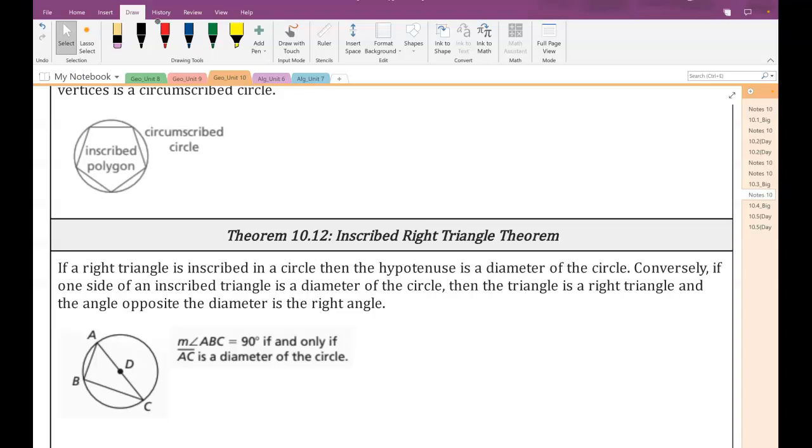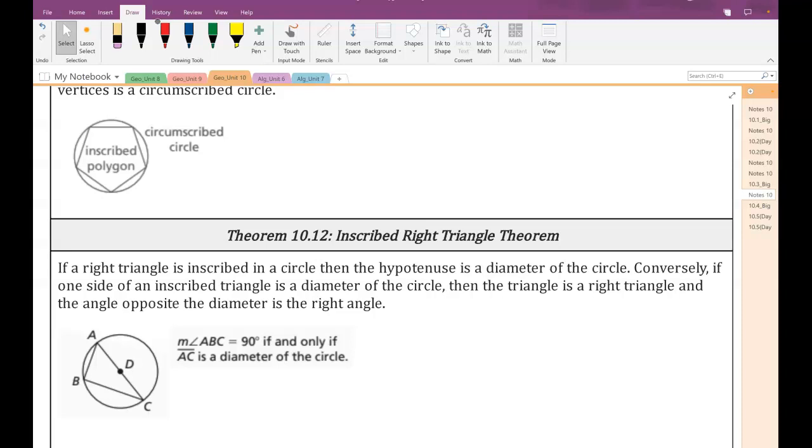And then the converse statement of that is, if one side of the inscribed triangle is the diameter, so this is the diameter, then the triangle is a right triangle, and the angle opposite the diameter is the right angle.